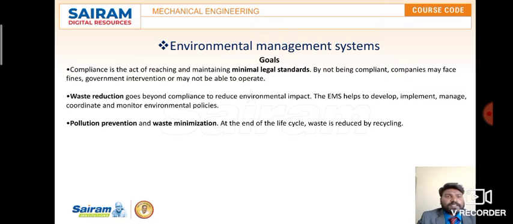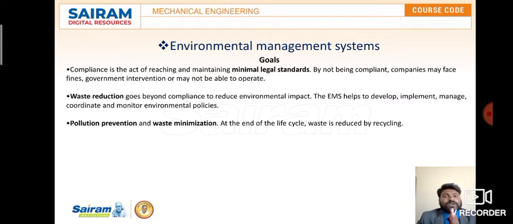EMS helps in developing, implementing, managing, coordinating and monitoring the environmental policies. The third one is pollution prevention and waste minimization. These are the two important things it is going to focus on.